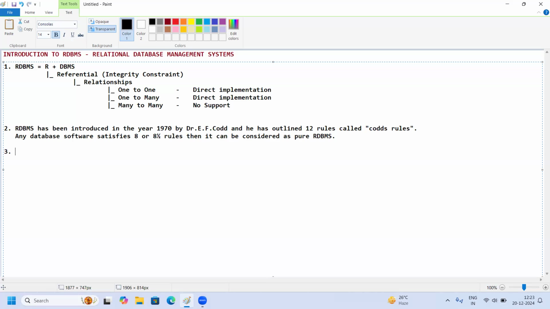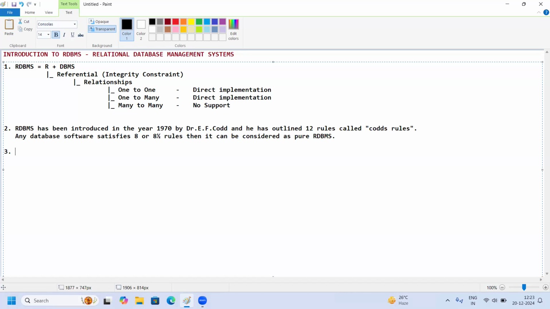Now let's compare. Our subject, SQL Server, satisfies 10 out of 12 Codd's rules. How many? 10 Codd's rules. Because it satisfies 10 Codd's rules, which is more than 8, it is a pure RDBMS. There is one more called Oracle, a product of Oracle Corporation.